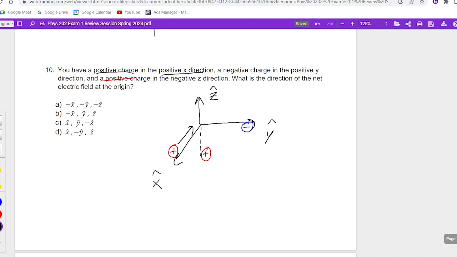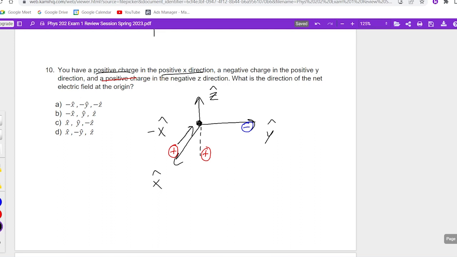And why did I only draw that arrow? Because technically, there's arrows going all over the place away, but why did I only draw this one? It's because I'm looking at the origin, and that's where the field line goes, away from the positive charge, and there's the direction of the origin. So in other words, what way does that point? I would argue that is the negative x hat direction, because if this way is the positive x hat direction, and that's the opposite, must be negative x hat direction.